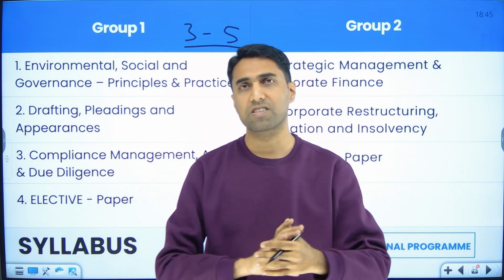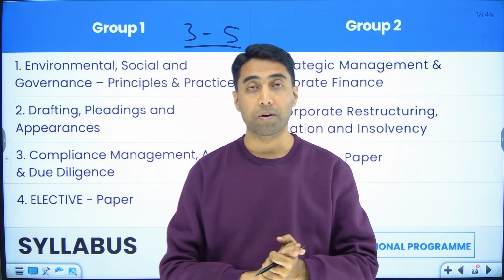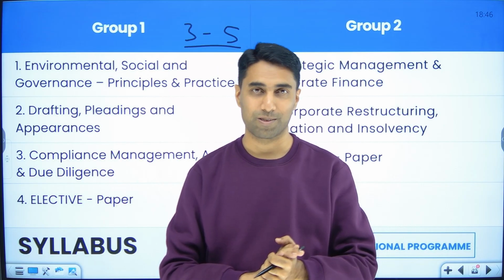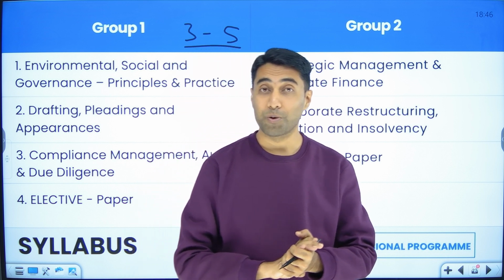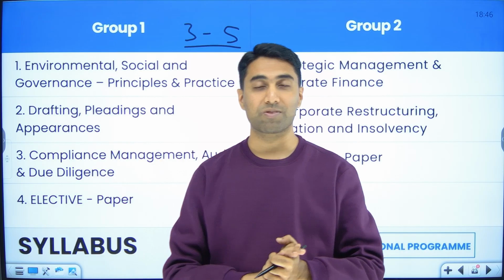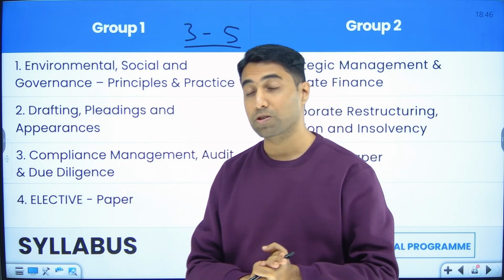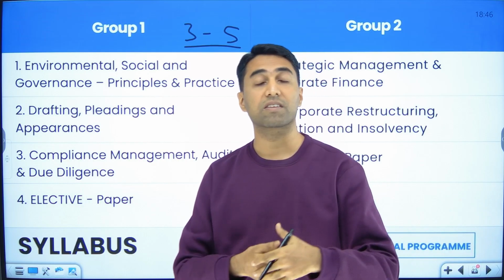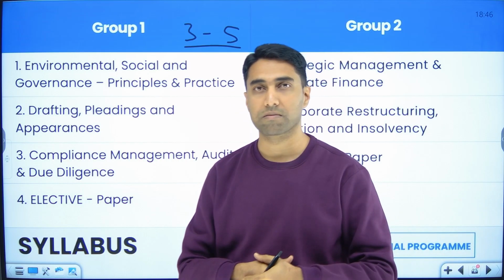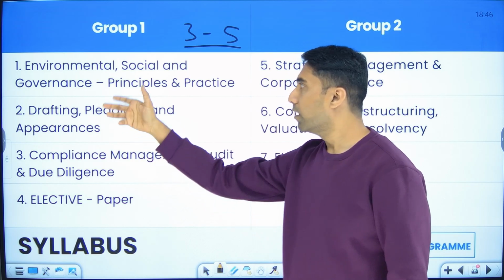So 3 to 5 years is the general trend. You can finish this whole course in under 1 lakh rupees, which is amazing. That too, I'm telling, with coaching. If you say, no sir, I'll do my self-study, I'm very, very good, you can do it within 60,000 max, right?